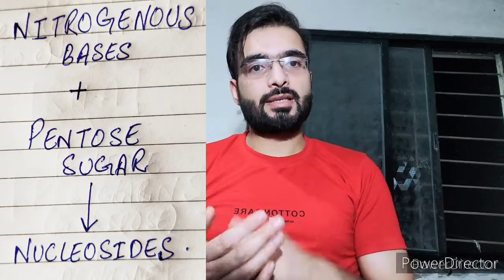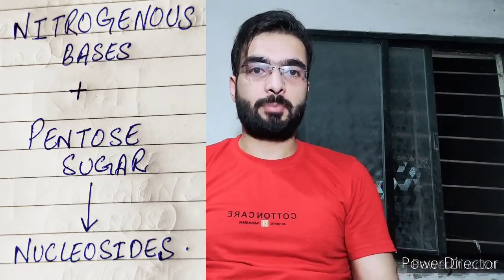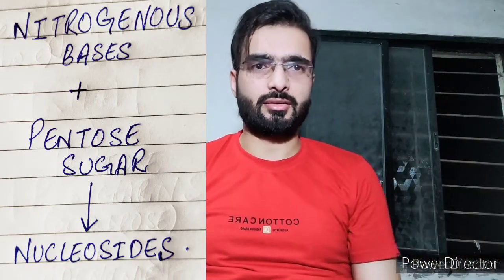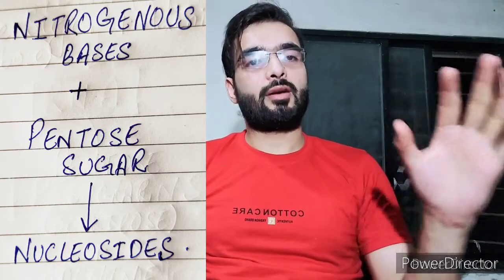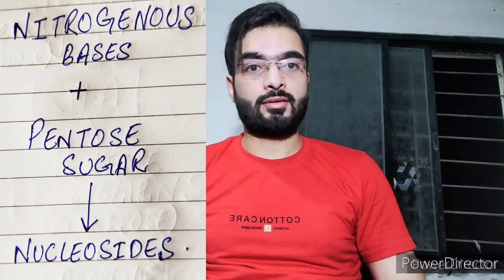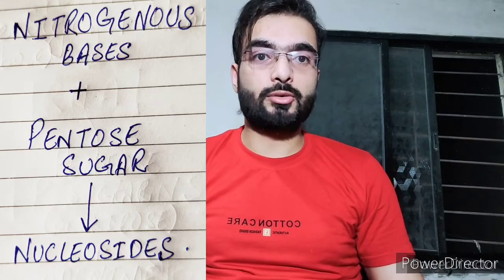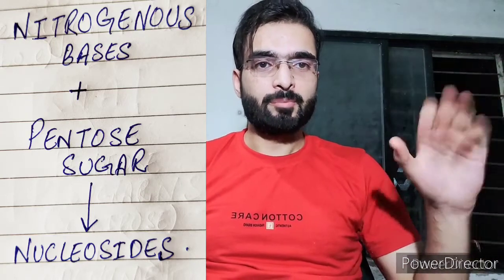So we have fused the nitrogenous bases with the pentoses, right? When we fuse the nitrogenous bases with the pentoses, it results in the formation of nucleosides, not nucleotides. So we need to convert the nucleoside into a nucleotide.